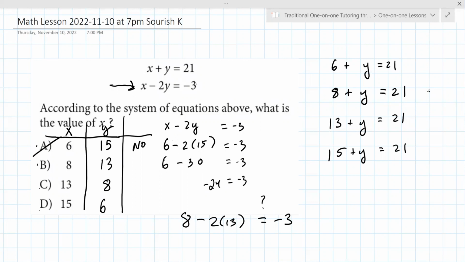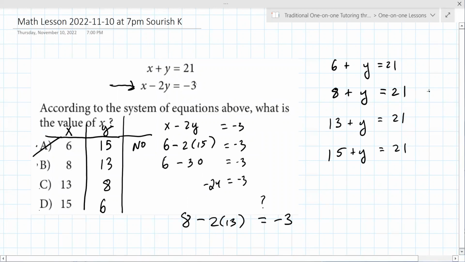So I'm asking you to work this out. Is 8 minus 2 times 13 equal to -3? No, it does not. What is 8 minus 2 times 13 though? 2 times 13 is 26.